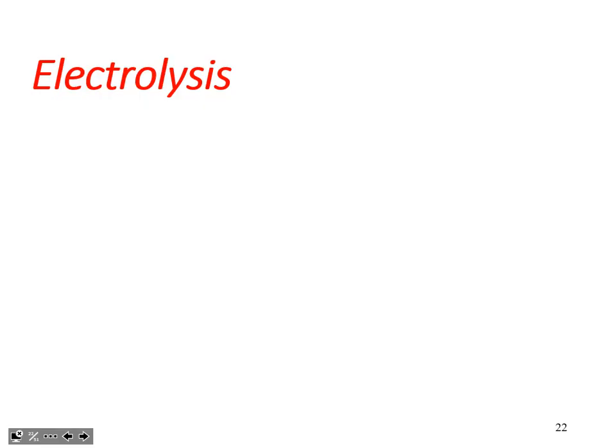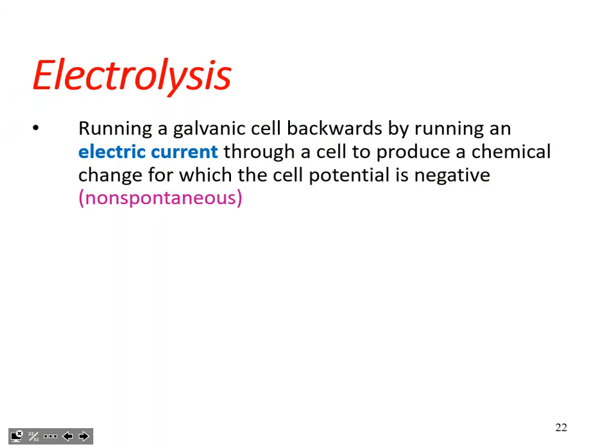All right, let's talk about electrolysis. This is fun, electrolysis. This is where it's thermodynamically unfavorable. All right, electrolytic cells. Running a galvanic cell backwards by running an electric current through the cell to produce a chemical change for which the cell potential is negative.